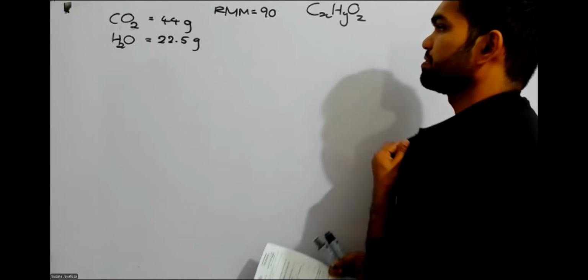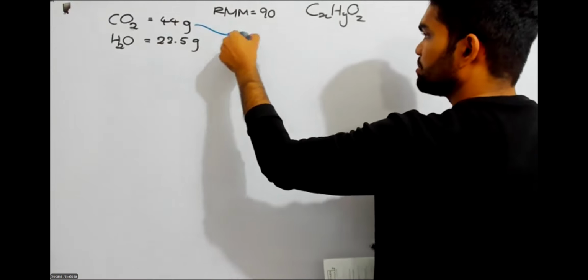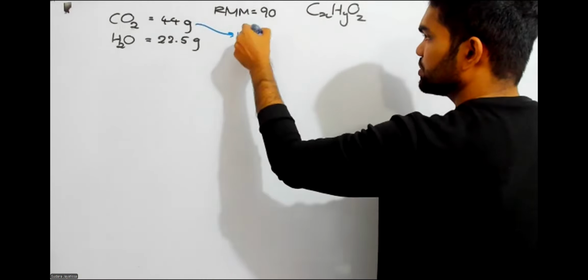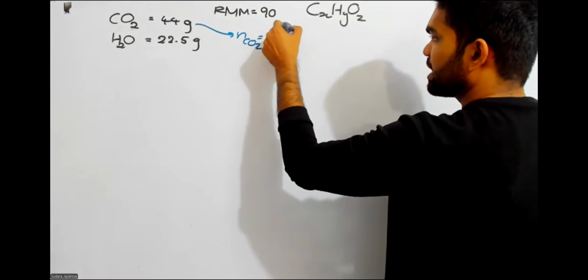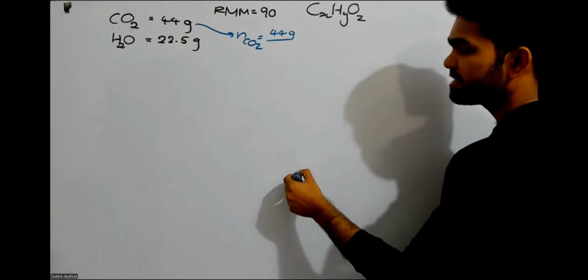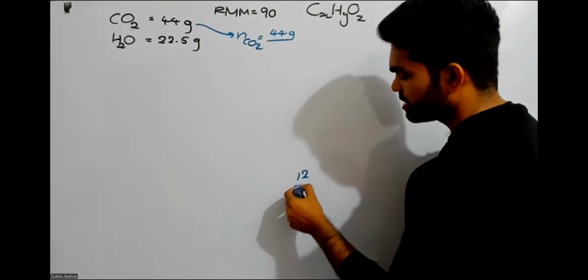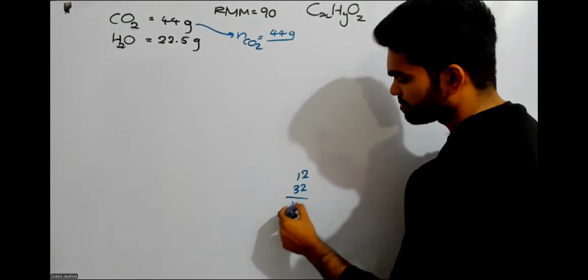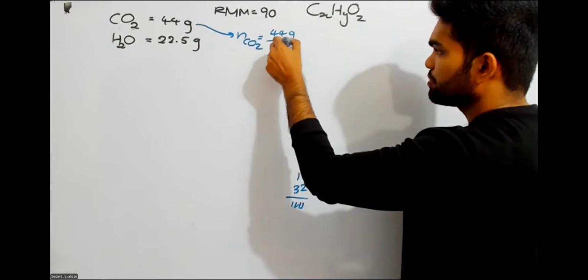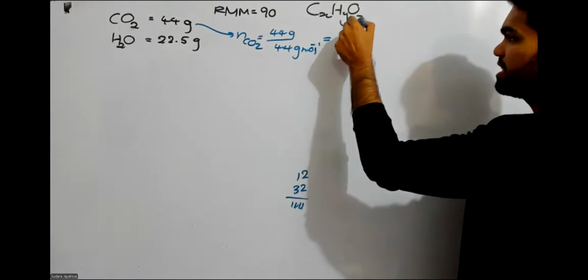First of all, find the number of moles of carbon dioxide. Divide this 44 grams by the molar mass of carbon dioxide. For that, you can add: carbon 12, oxygen 16, 16 times 2 is 32, 32 plus 12 is 44. So it is also 44, and then 1 mole is there.